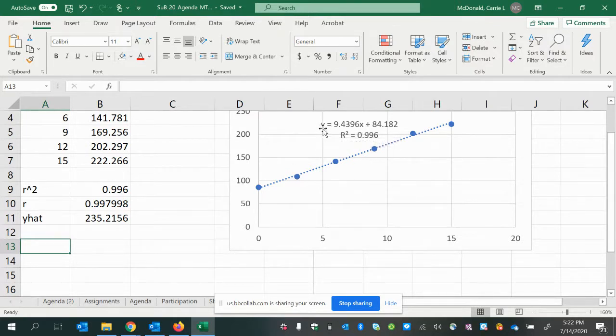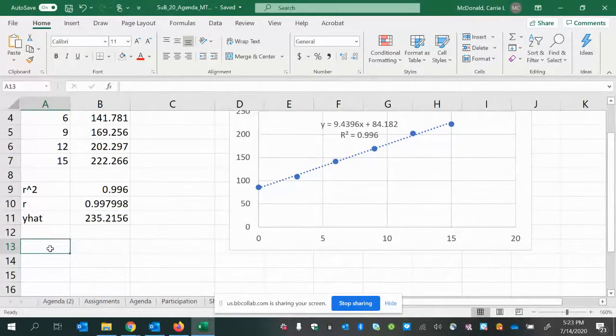So right now the equation is solved for y, so that when you put in an x value, you'll get a resulting y value. But what we want is x, the year. So what we can do is solve this equation for x. Do you remember how to solve an equation for a variable from algebra? Yes. Okay, so what's the first thing you would do here?